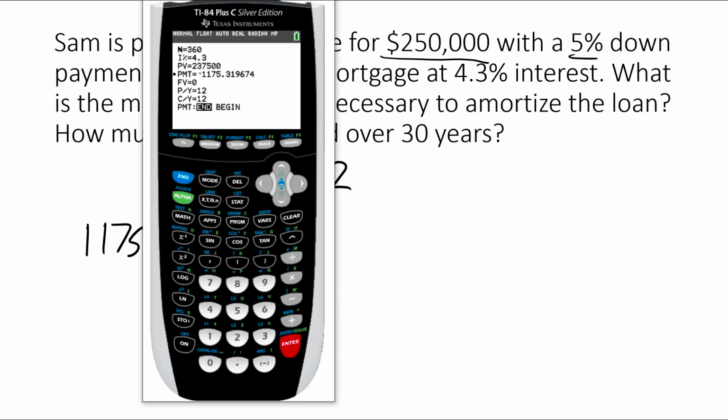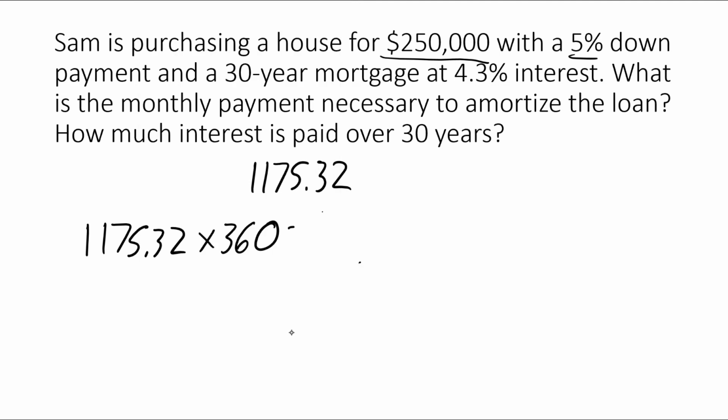So we can calculate that real quick. $1,175.32 times 360 payments. So that's going to be $423,115.20. So that's how much Sam would have given to the bank.